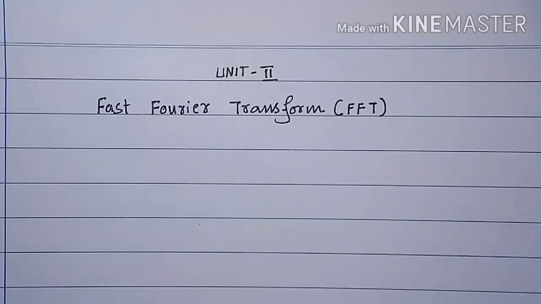Then, using 2-point DFTs, 4-point DFT will be computed. Using 4-point DFT, 8-point DFTs will be computed. That is why we say that in FFT, divide and conquer approach is used.